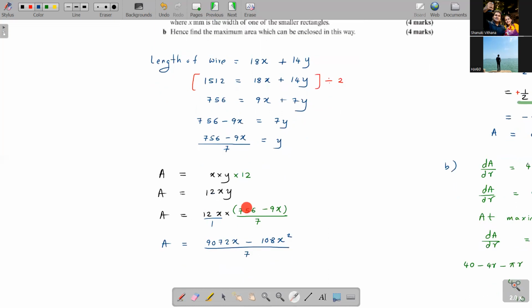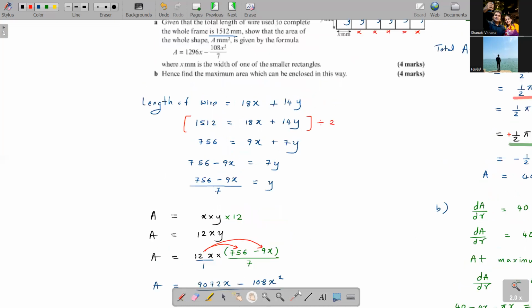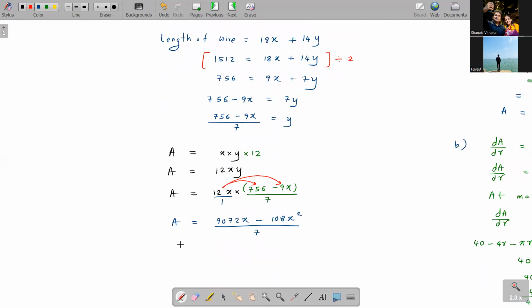I took the 12x and multiplied the bracket inside with the 12x. 12x into 756, 12x into minus 9x. And the whole thing is out of 7. Now, you can see in the answer that they've separated the 7, right? This doesn't have the 7. So separate it out.